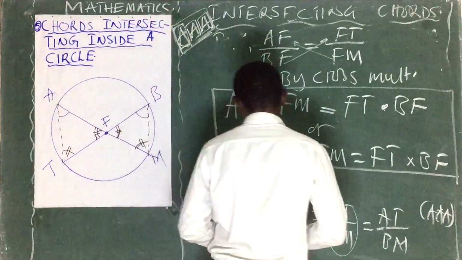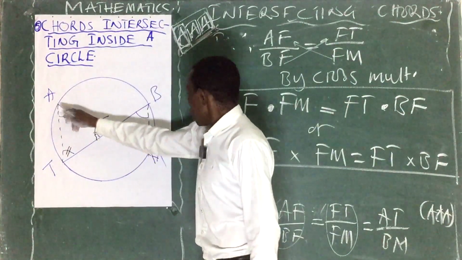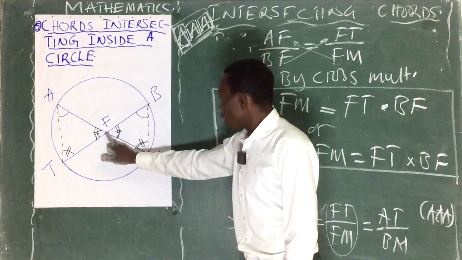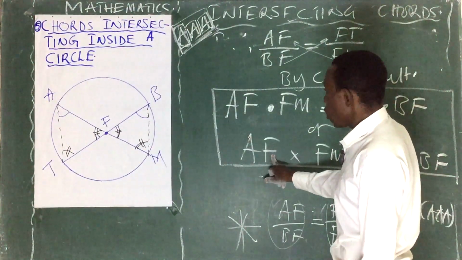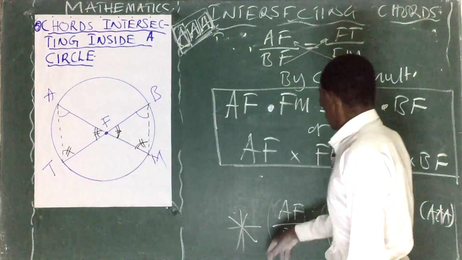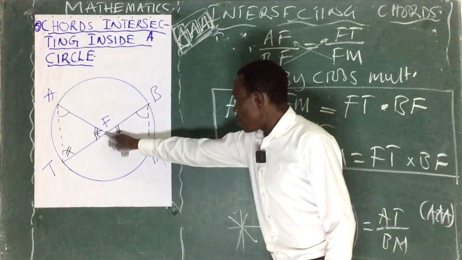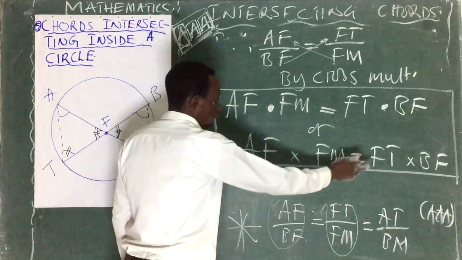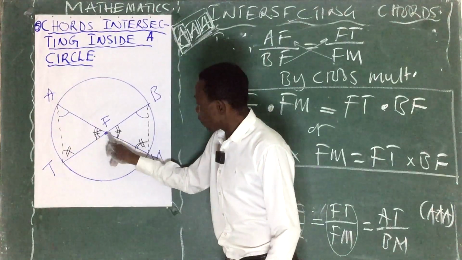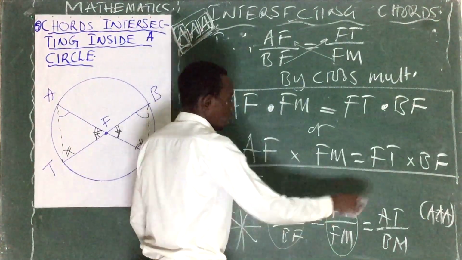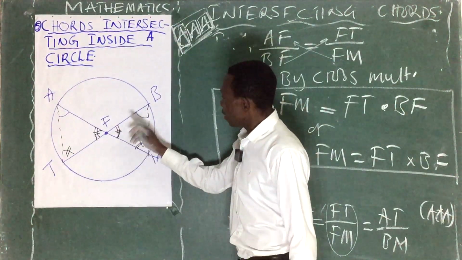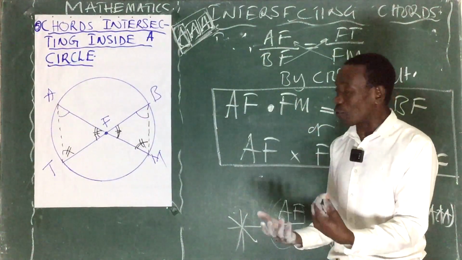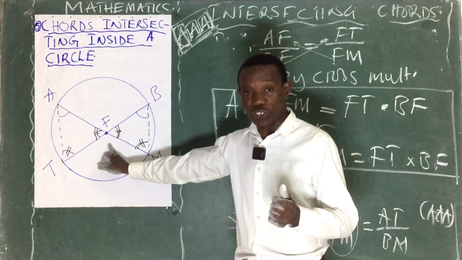If I've got chord AM intersecting with TB at F, I should expect AF, the distance from here up to that, multiplied by FM, from here up to that, is the same as FT multiplied by BF. So if chords are intersecting inside the circle, this is always true.